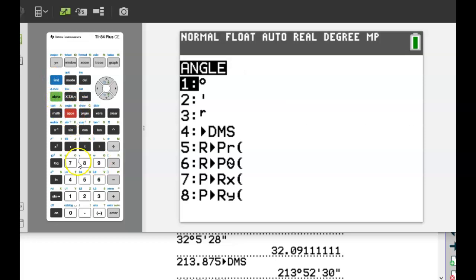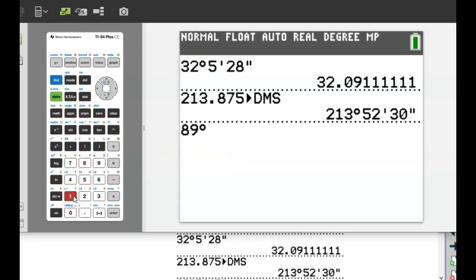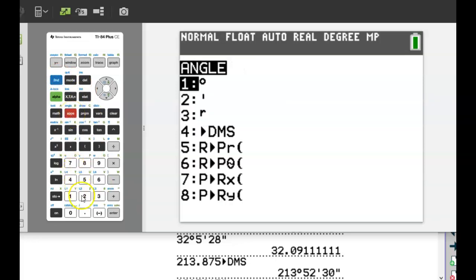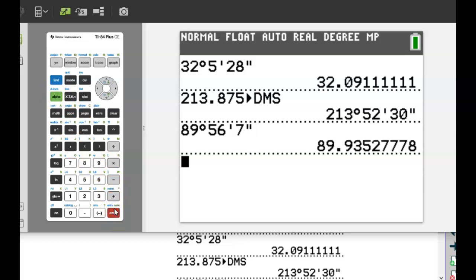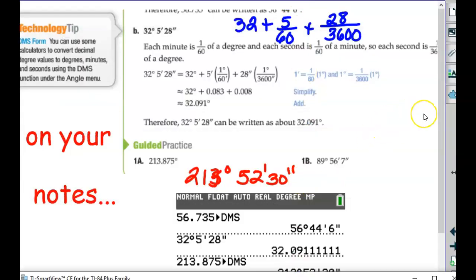You guys are all done. I'm so slow at this. What was it? I already forgot. 56 and 7. Oh, it's alpha, isn't it? 89.935 if we went out that far.